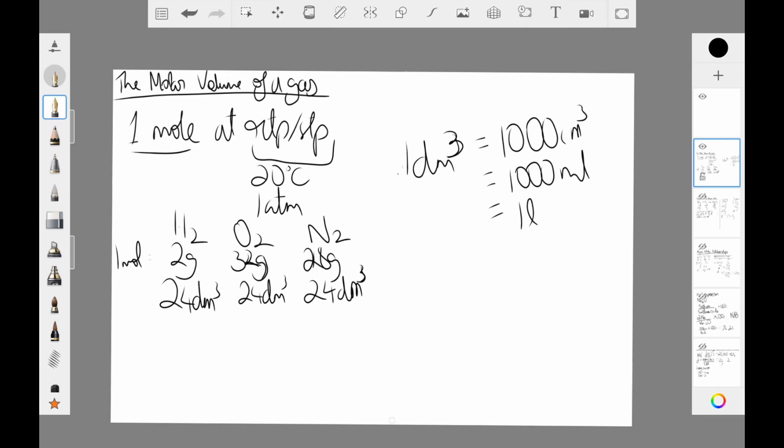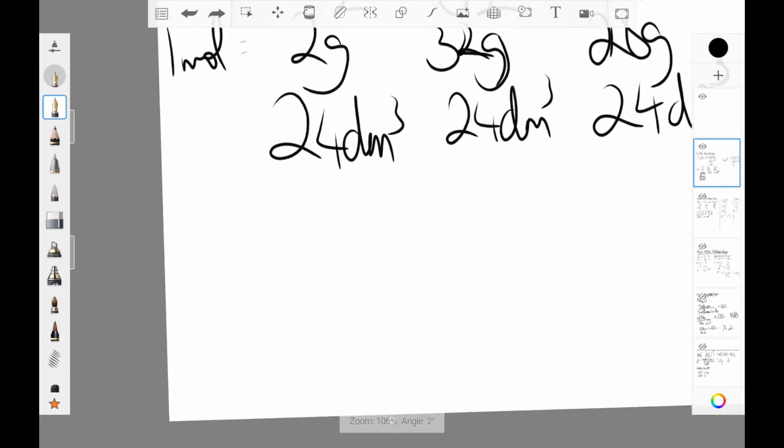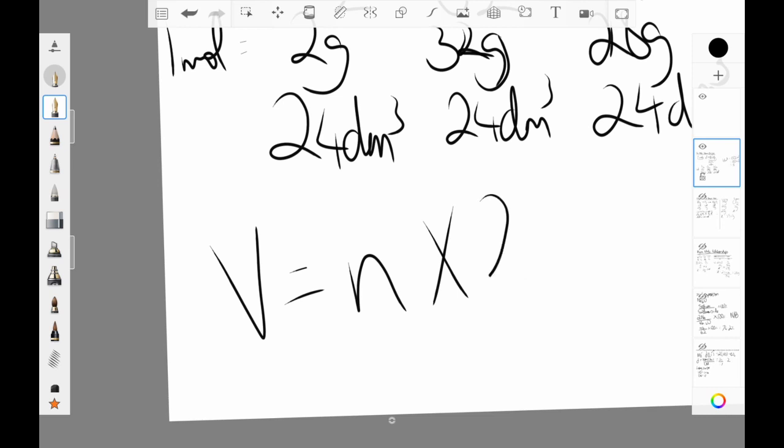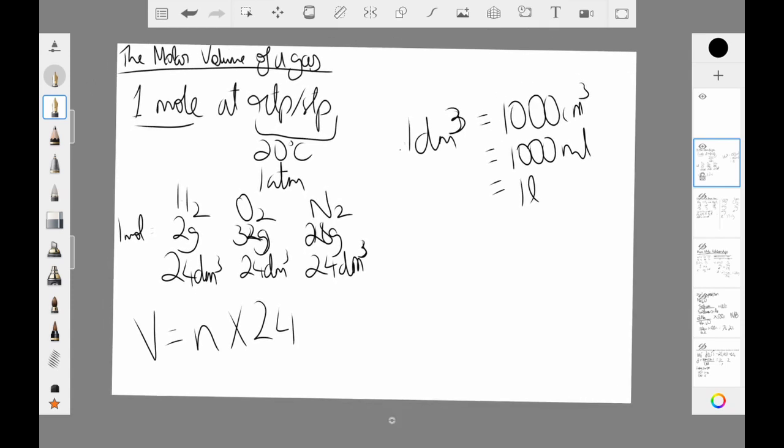I lied. We still have one more thing for molar volume of a gas, and that's the formula. So basically, V equals N times 24. If you want to find the volume of a gas at STP or RTP, you can take the moles.